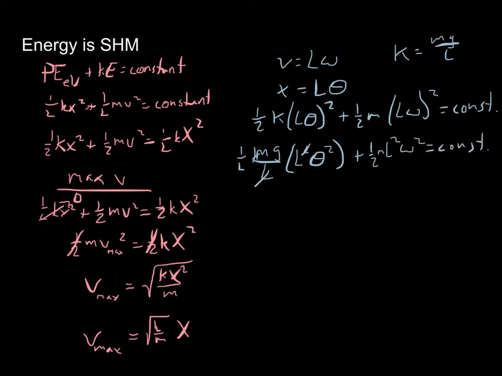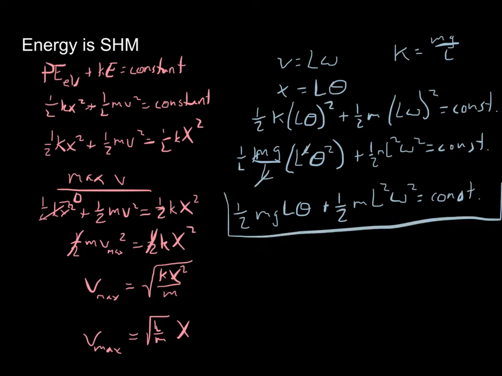And L is going to cancel out with one of those L's, so we get 1/2 mgL theta squared plus 1/2 mL squared omega squared equals some constant value. And that's the form that we would use for a pendulum.